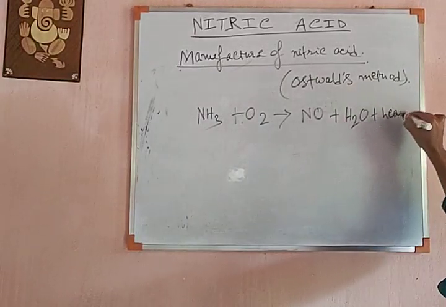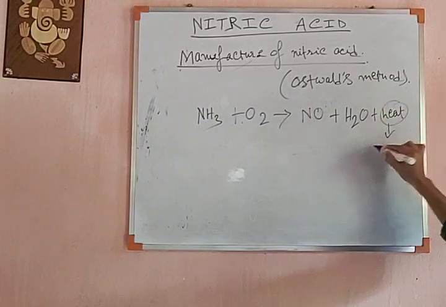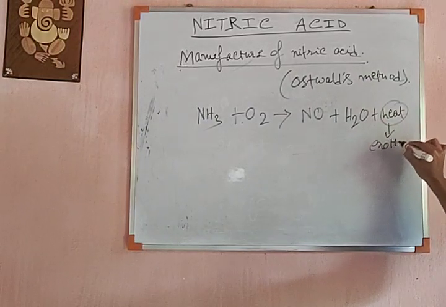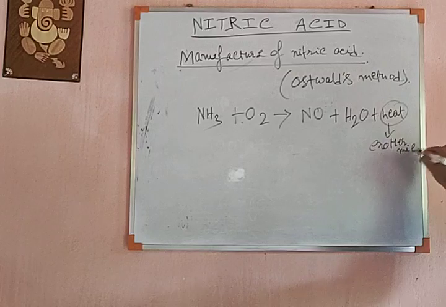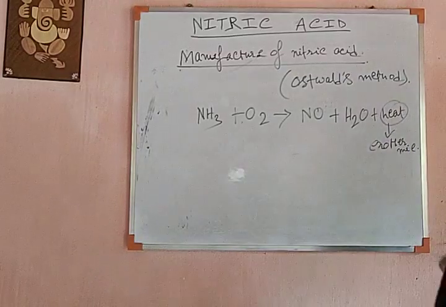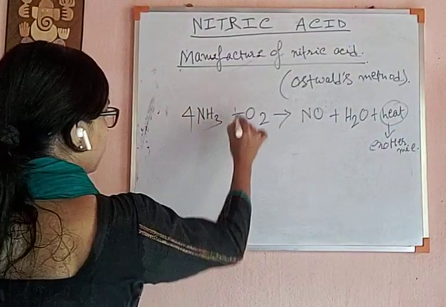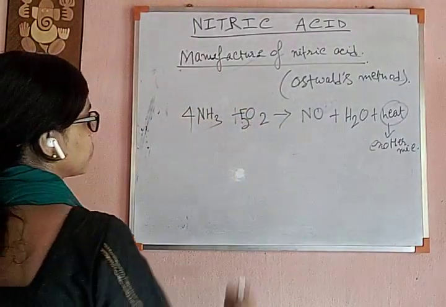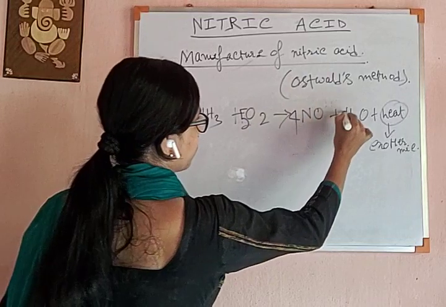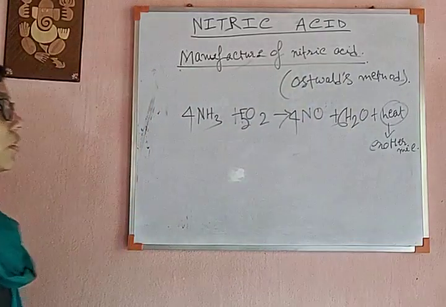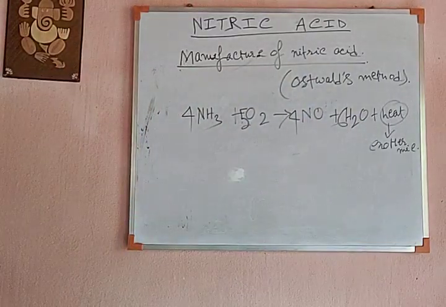So you know that plus heat means this is an exothermic reaction, so we have to balance it: 4NH3 plus 5O2 gives 4NO plus 6H2O.